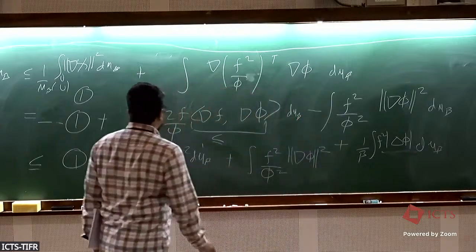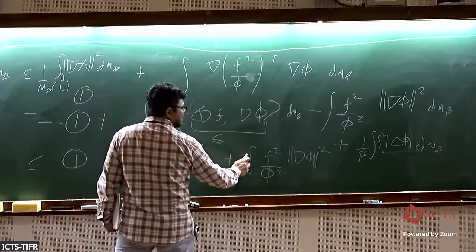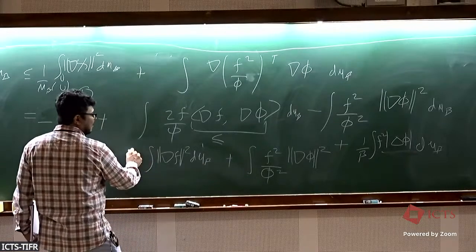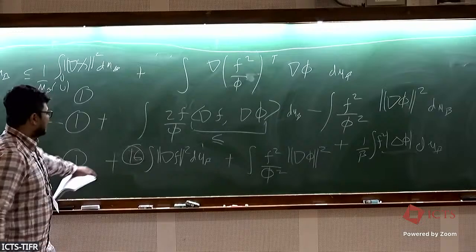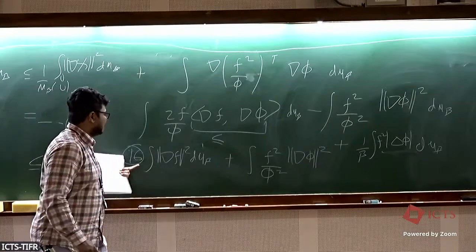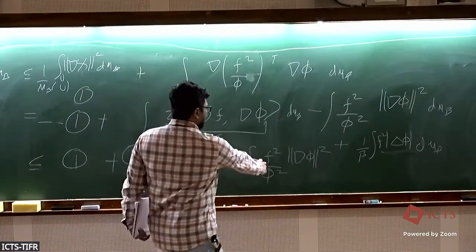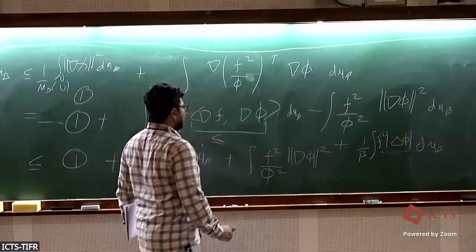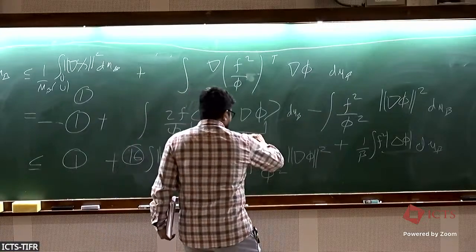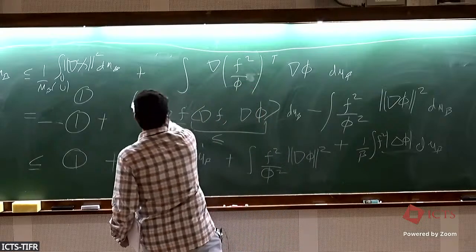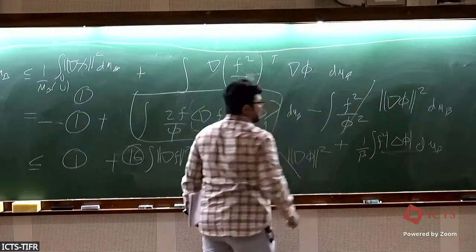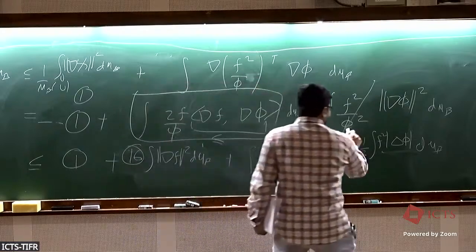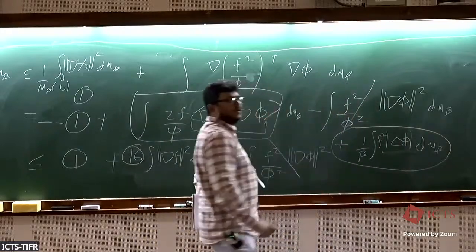I need to balance the constants appropriately. So I'm going to leave this with a 1, and then I pay like a 4 or 16 or something here. What this constant is, I don't remember. You just have to manipulate the constant so that you get a large enough constant here. And then you get this guy here, right? But this is good because this was just this term here, and this guy exactly cancels with this one here. So the only thing you're left with is this last term.